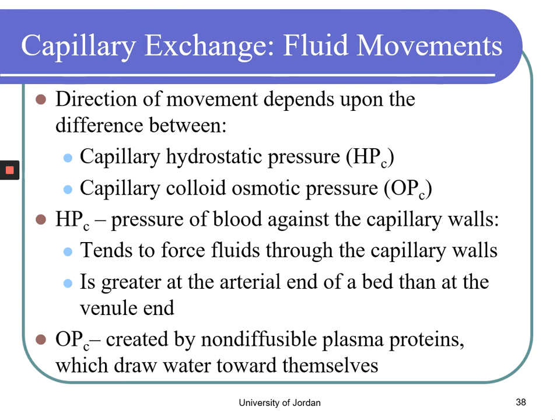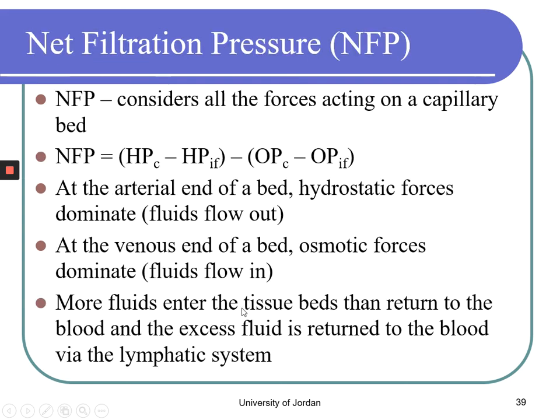You remember the arterial end is around 35 to 36, and the venous end is around 15 to 17 millimeters of mercury. The oncotic pressure of the capillary is created by non-diffusible proteins, mainly albumin and globulin, the main proteins that contribute to the colloid osmotic pressure of the plasma.